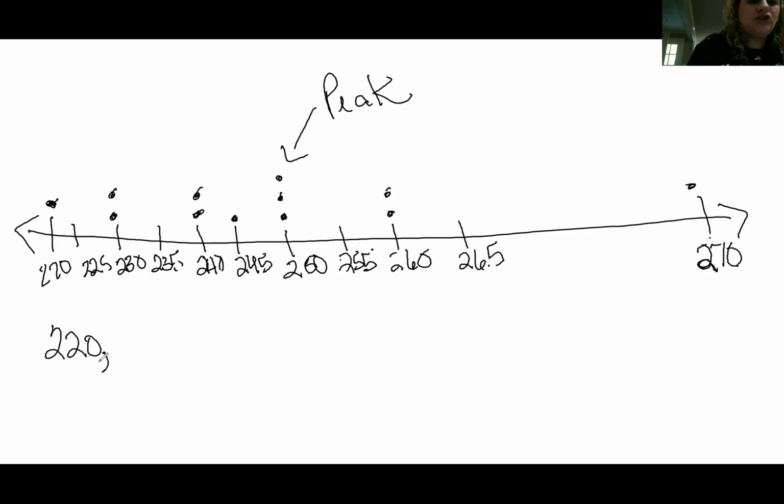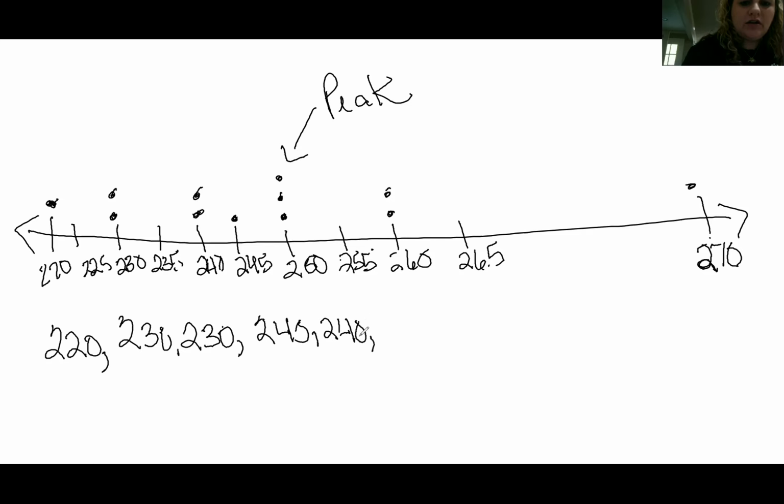and then I have two 230s, so 230, 230, and then I have two 240s, so 240, 240, and then I have a 245, just one, so 245.